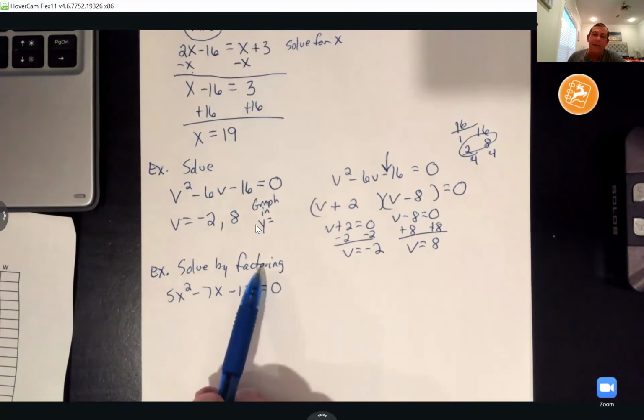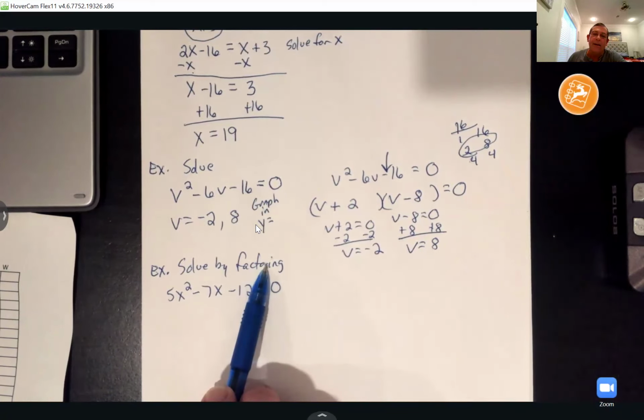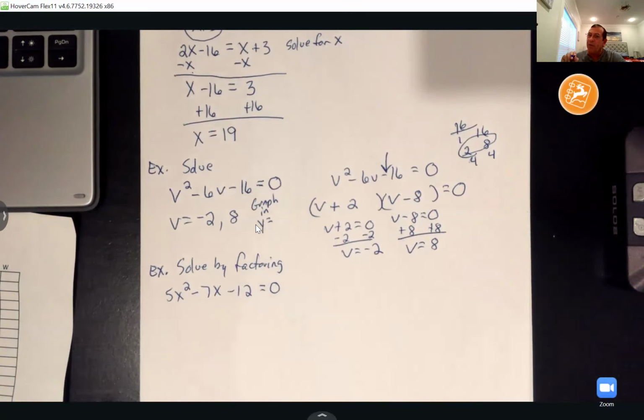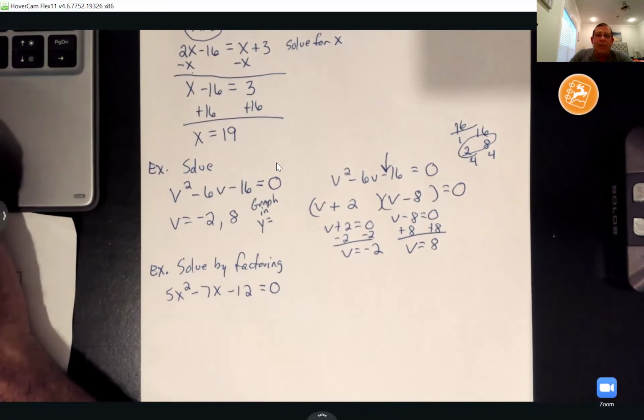Now, I'll show you how to get this by graphing. Usually when it's got a number in front, remember, I got to change my table a little bit. But watch this.